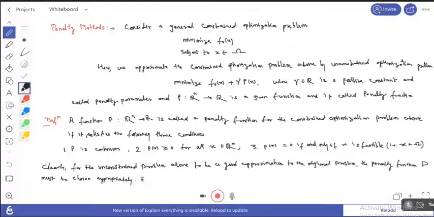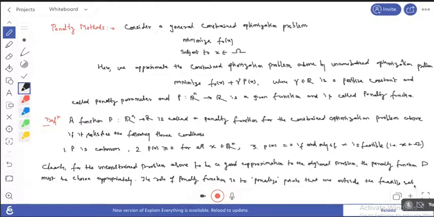So here basically the role of the penalty function is to penalize those points that are outside the feasible set.